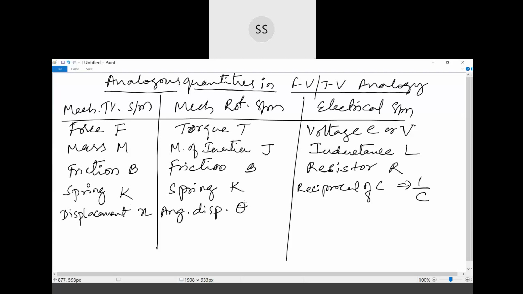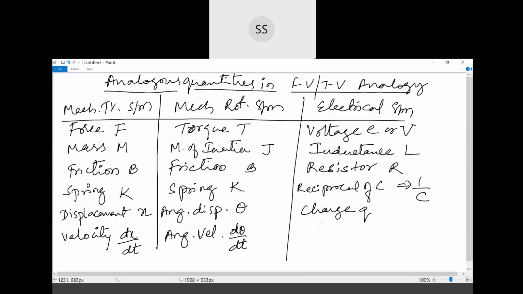But here, because of the applied voltage V, we observe charge Q. Charge Q is going to result. Similarly, in case of translational, we have velocity dx by dt, and in rotational we have angular velocity omega, which is nothing but d theta by dt.